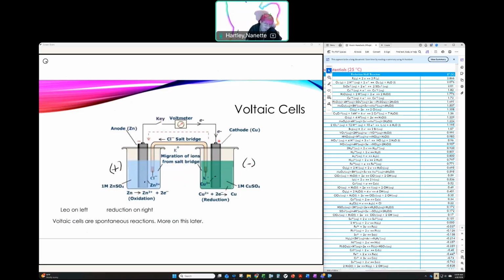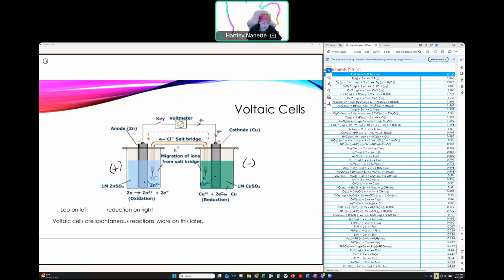The other thing we have is that these two electrodes are connected by a wire that goes to the voltmeter. A voltmeter allows us to measure charge. What it's measuring is the energy generated from the movement of these electrons, because of the differences in energy between the two states on either side. We'll talk about what that means a little later.